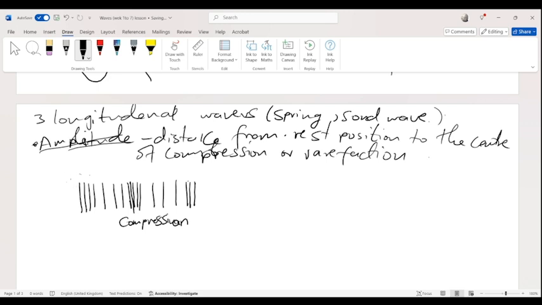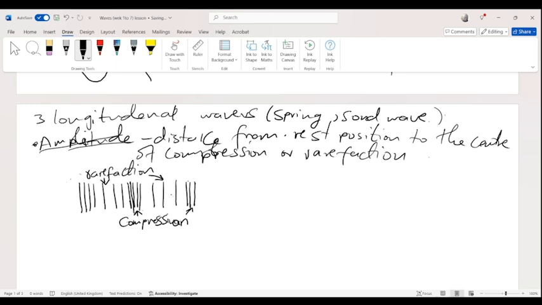It moves in this way. It has compressions and rarefactions. These are rarefactions, and these are compressions, and these are also compressions. This is a rarefaction. A rarefaction is characterized by lines that are spaced.